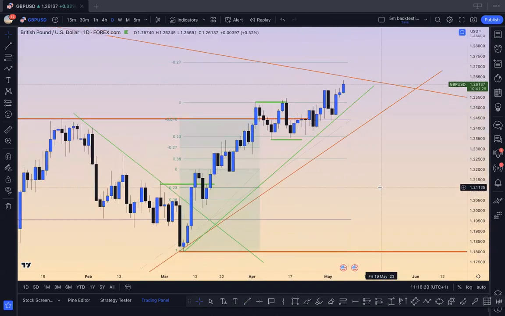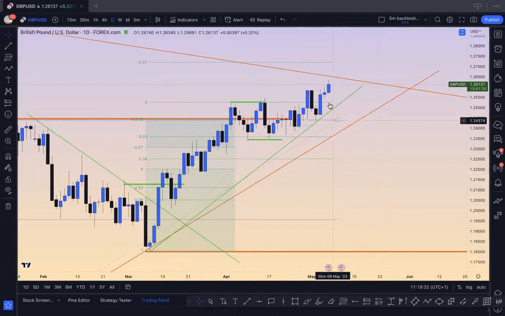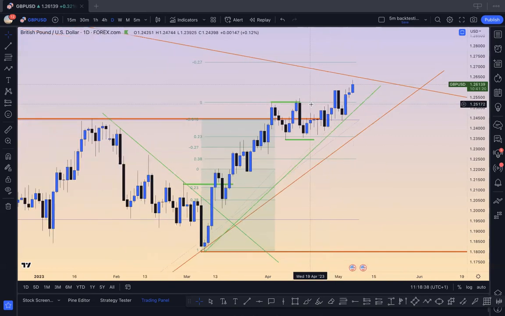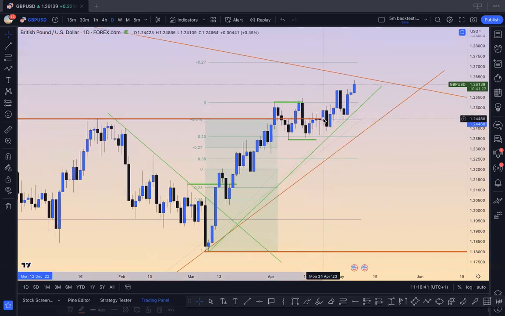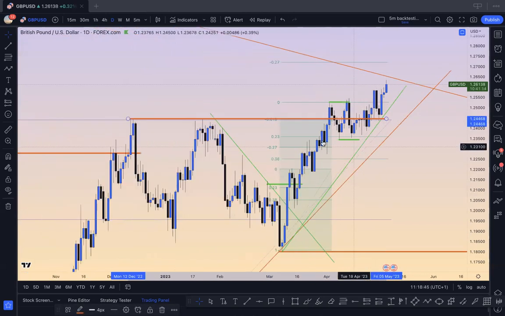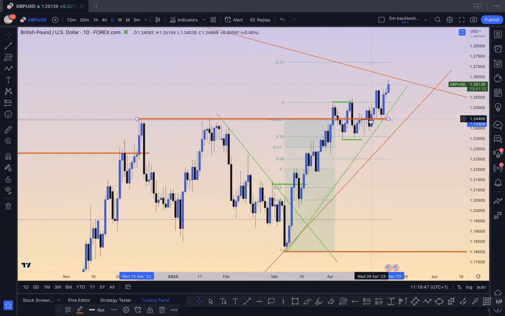Right, then what else? Today is NFP day. I'm going to show you the trade I took, the 100 pips I took 2 days ago. So you see, this is a place where we want to see things being retested.